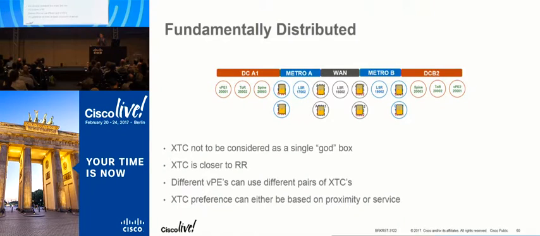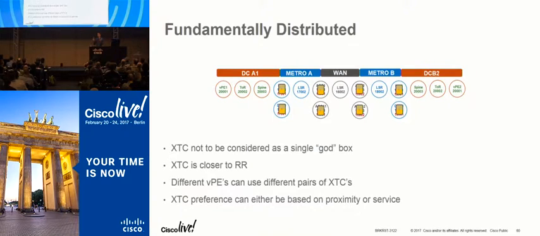Again, I try to give you the key points. The XTC controller is not a God box, because we don't want this. It's not like a box in the middle that if you lose it, you lose everything. I designed it to be like route reflectors. So they are distributed per service, per geography. You may have, for example, if you are a European network with a point of presence in Amsterdam, 2 XTCs in the Netherlands for the VPN service.